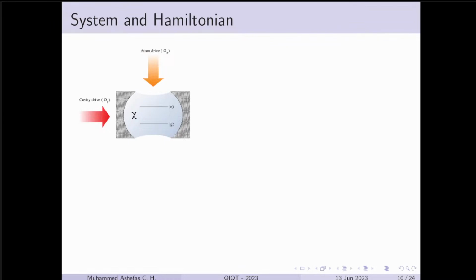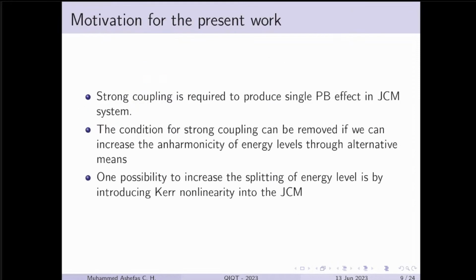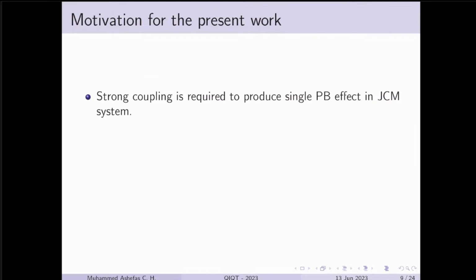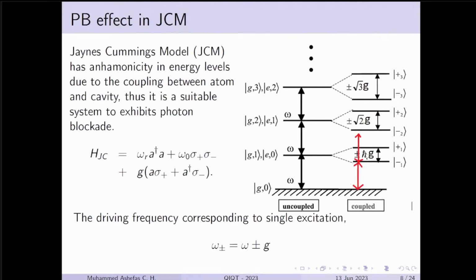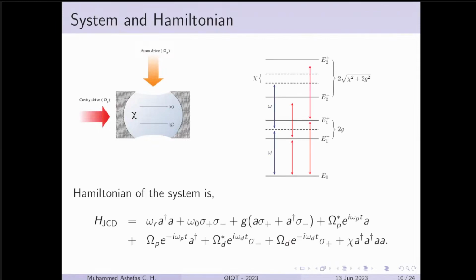For this system, the energy eigenlevels in the absence of pumping can be denoted like this. Here the energy levels E1 minus and E1 plus are the same as in the earlier case. The separation is simply 2G for the first two excited states, corresponding to the single excitation.